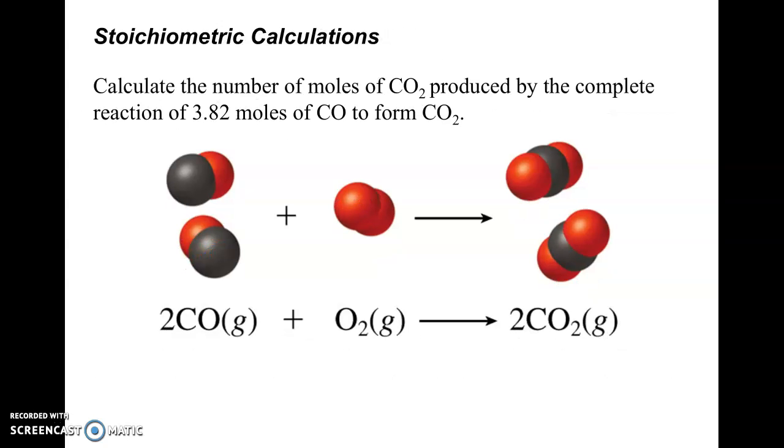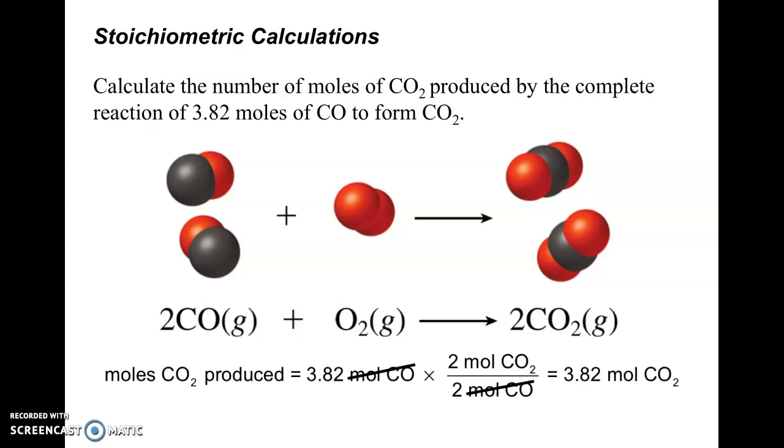So in this case, we want to calculate the number of moles of CO2 produced by the complete reaction of 3.82 moles of CO. And so we do dimensional analysis, knowing that those coefficients, there's 2 moles of CO produce 2 moles of CO2.